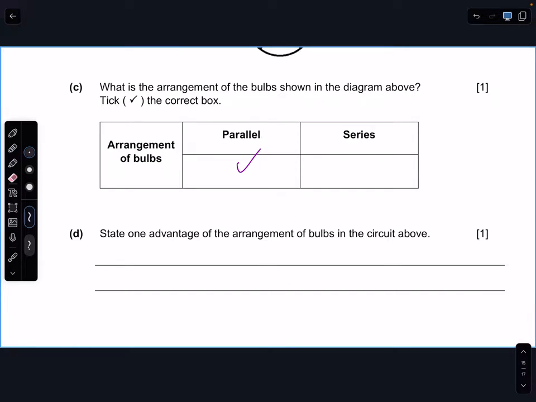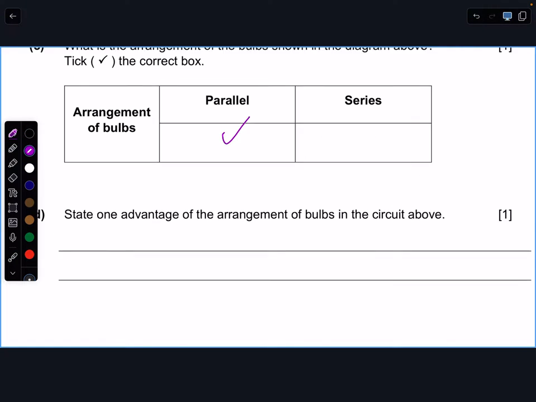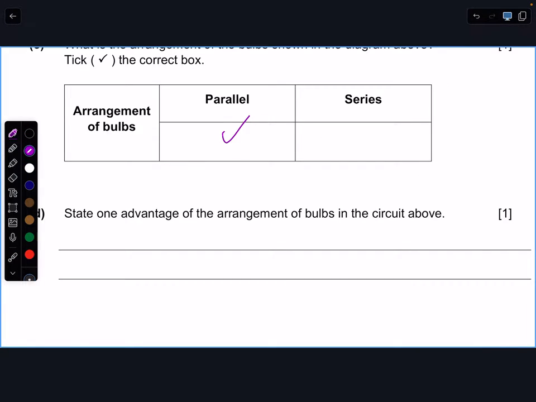Okay, state one advantage. Now, I am going to tell you what the advantage is. On top of that, I'm going to tell you to explain also. Why? Because for electrical circuits, it is important that you know how to explain, especially for parallel circuits. So you would say that when one bulb fuses, the other bulb remains lit.